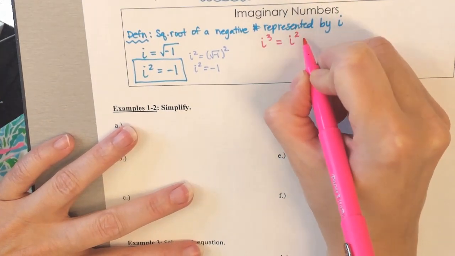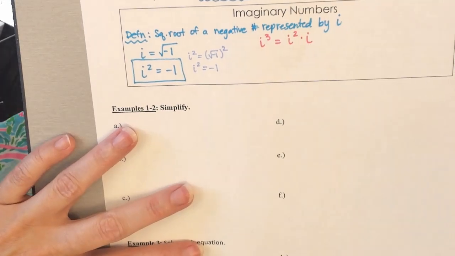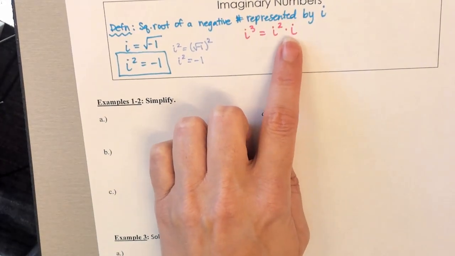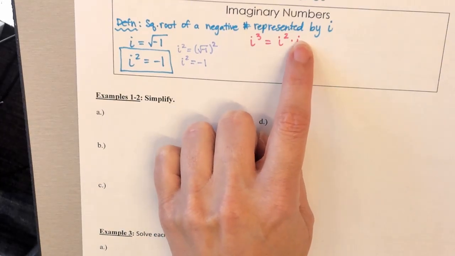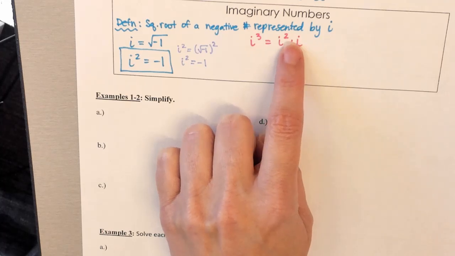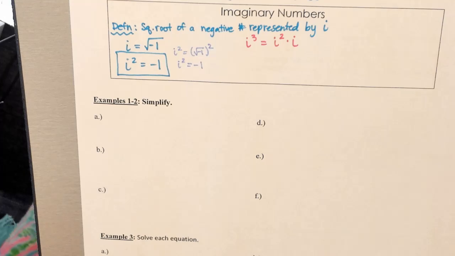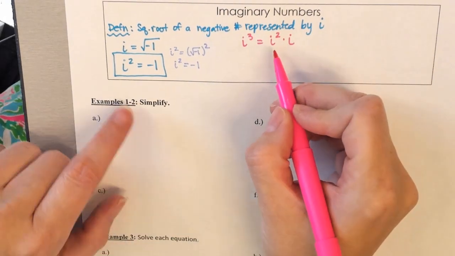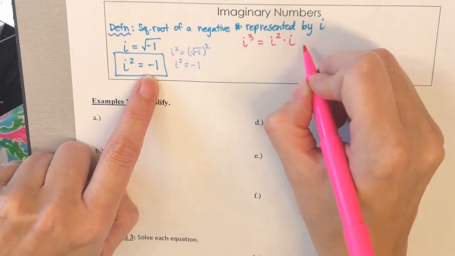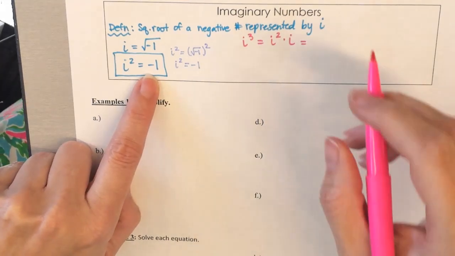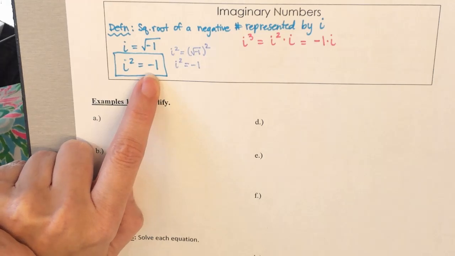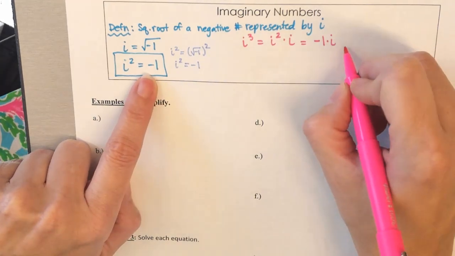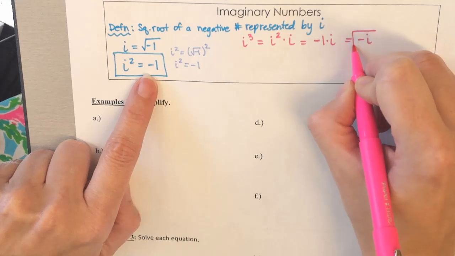You may remember when you're multiplying two values with the same base, their exponents are added together. So if you can't see the exponent, do you guys remember what it is? A 1 to the first power. Yep, so 1 plus 2 is the 3. Now the reason why we would rewrite it like that is because we just talked about I squared is -1. So we're just going to substitute in -1 for I squared. And then you're going to have -I.